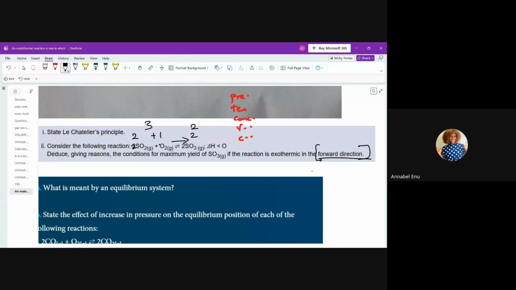So the heat is in the product, and the reaction is going towards the forward reaction, so it is going towards where the heat is.